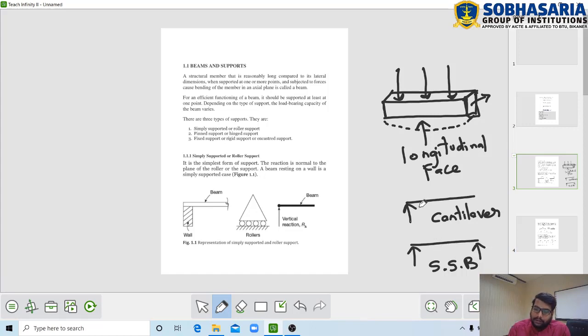Okay. So, next we will see the supports which are given for the beam and its types.